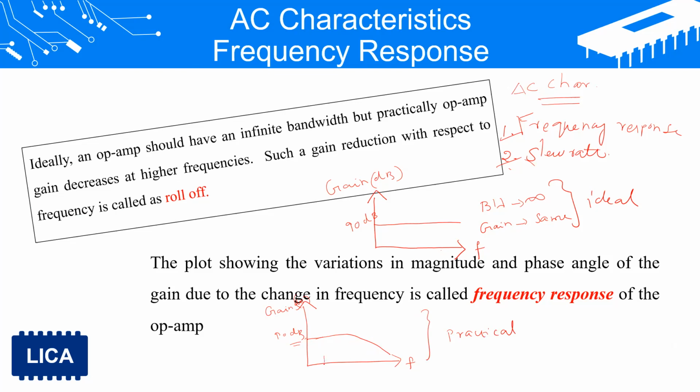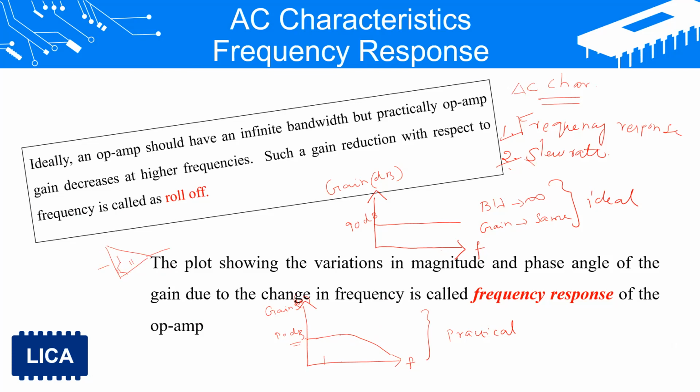At 10 Hz it maintains the same gain, and at 100 Hz it maintains the same gain, but afterwards, at high frequencies, the gain degrades or rolls down because of the capacitive component in the equivalent circuit. Inside our op-amp there are internal components like transistors and capacitors.